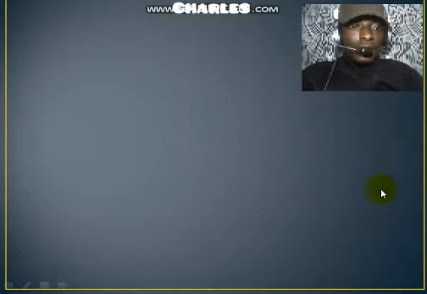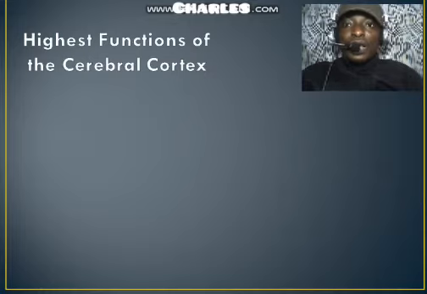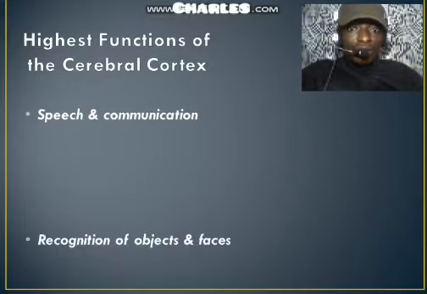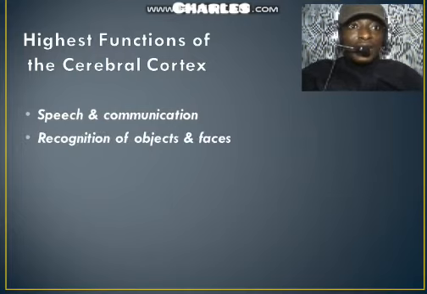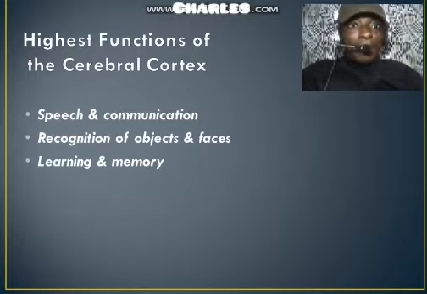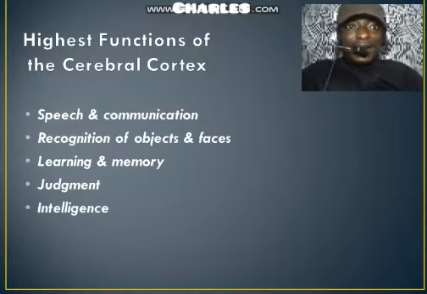So good. Going forward, highest functions of the mind. All right. Some of these highest functions of the human mind include speech and communication, recognition of objects and faces. These functions cannot be found in animals. All right. Language, recognition of objects and faces, learning and memory, judgment, intelligence.